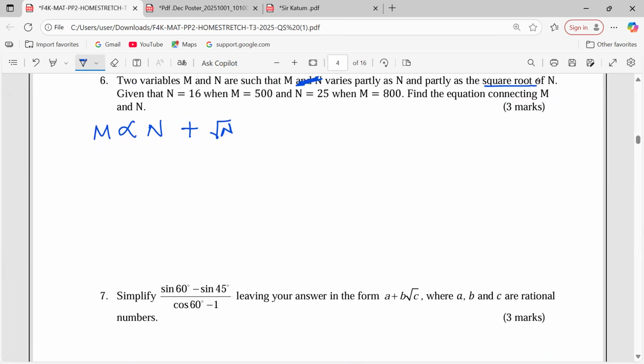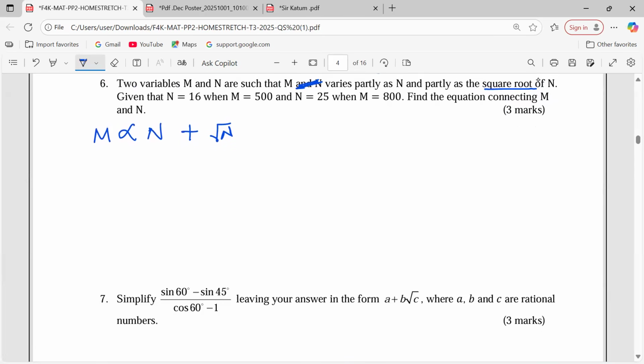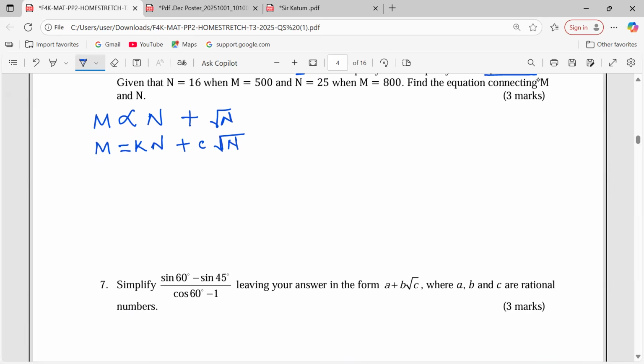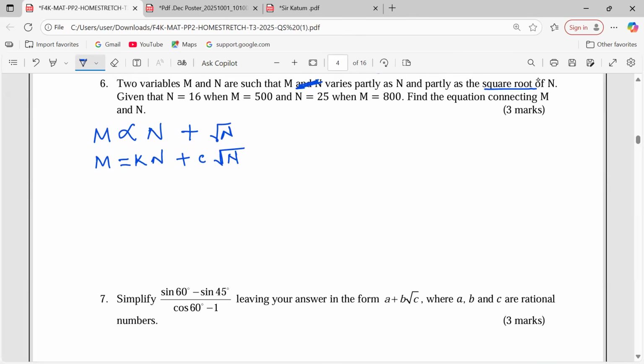So from this, we can now break the statement further into M, and we introduce an equal sign and two constants. When variation is partial, we usually introduce two constants. So we introduce a constant K, which multiplies N, and another constant C that shall be multiplying the square root of N. Then from this, we can use the available information to get the values of the constants. N is 16 when M is 500.